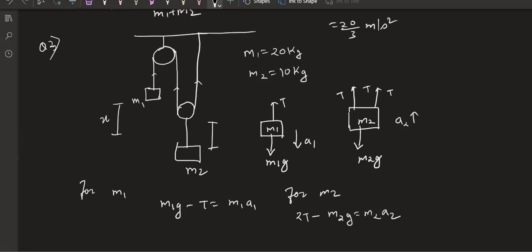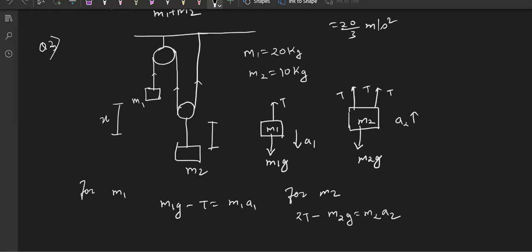Think. That's why I'm saying think, imagine. The length of wire is fixed. Yes, Priyanshu, right. Everyone, think again and let me know.